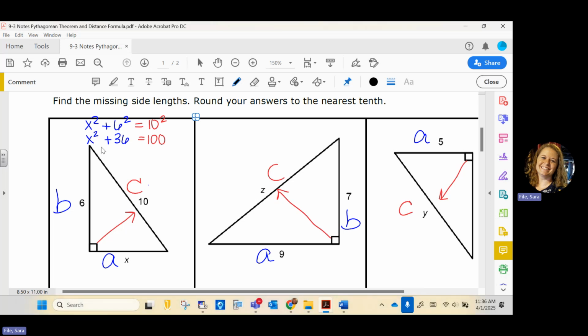But when A or B are the missing piece, you're going to have to move the other one to the other side to isolate the missing piece. So I'm going to move the 36 by subtraction. So I have X squared equals, and then I'm left with 54. Oh no, sorry, 64.